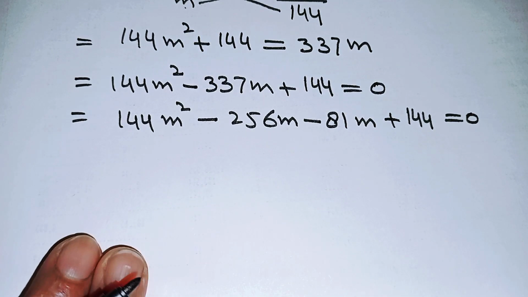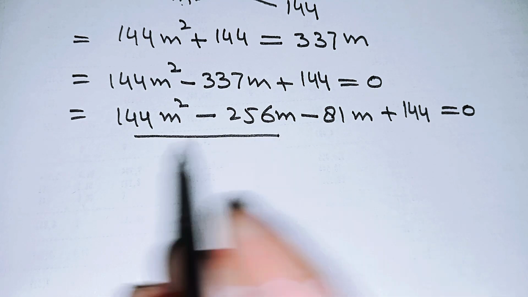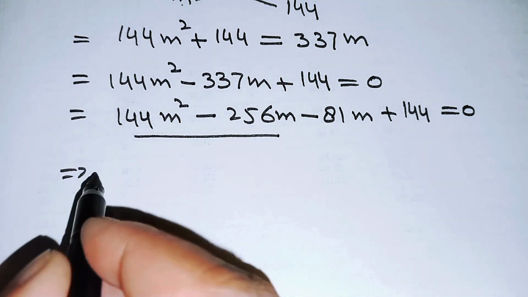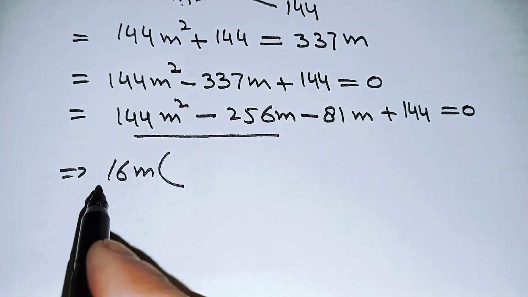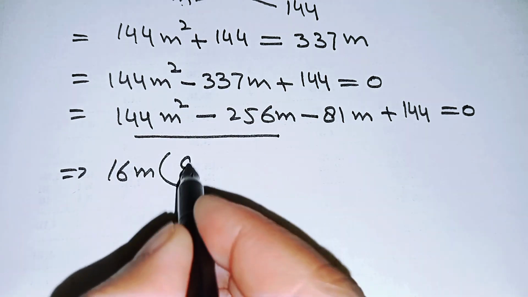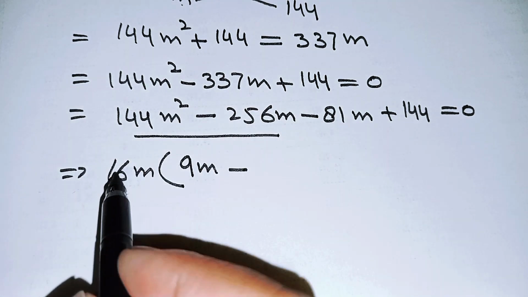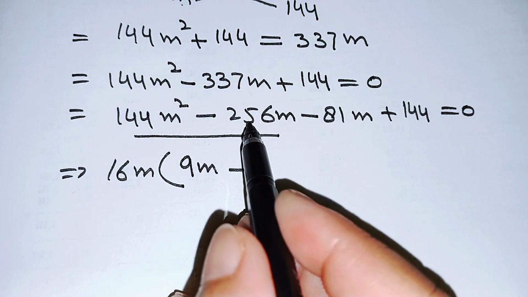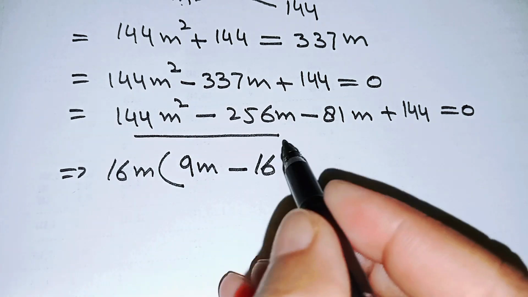And now here we take common in this 16 m out of bracket, and this 16 divided by 144 is 9, and m divided by m square is m, and minus this 16 divided by 256 is 16, and m is cancelled out.